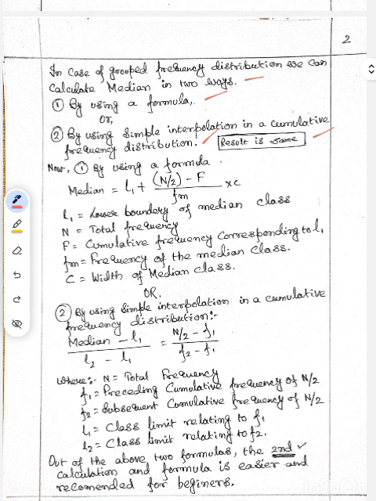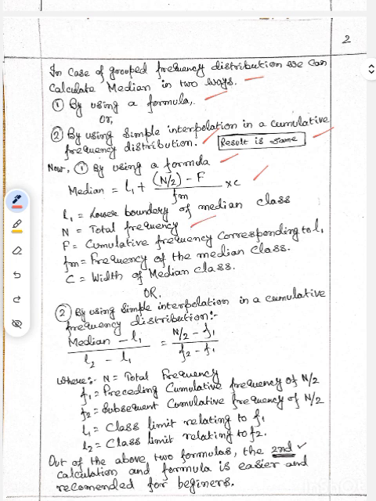So by using a formula: median equals L1 plus (n by 2 minus F) divided by fm, into c. First we have to know that n is the total frequency.